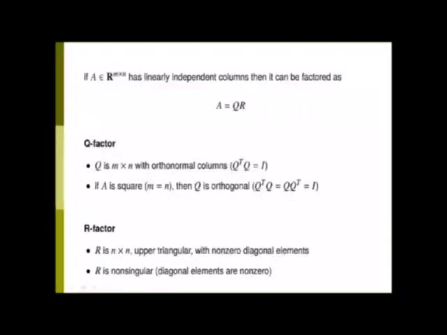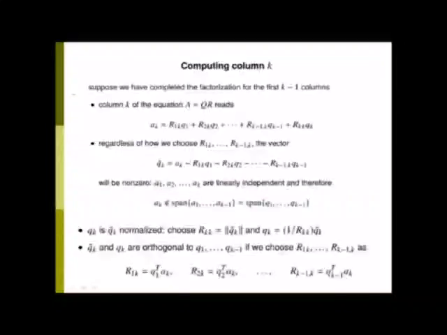The R factor is an n cross n upper triangular matrix with non-zero diagonal elements, so R is a non-singular matrix. Let us now observe an example of QR decomposition. Q1, Q2, Q3 represent the orthogonal basis, and the upper triangular matrix is as shown, where the diagonal elements are non-zero.